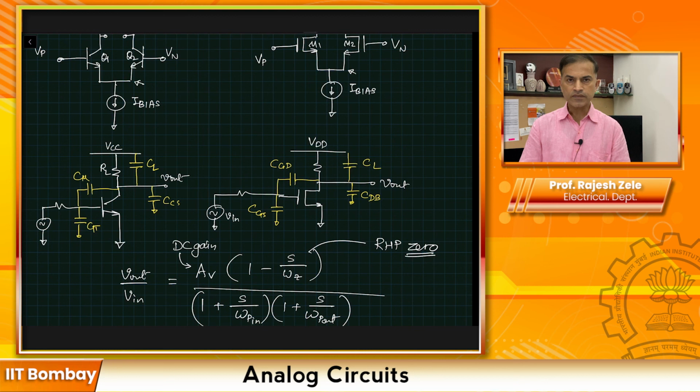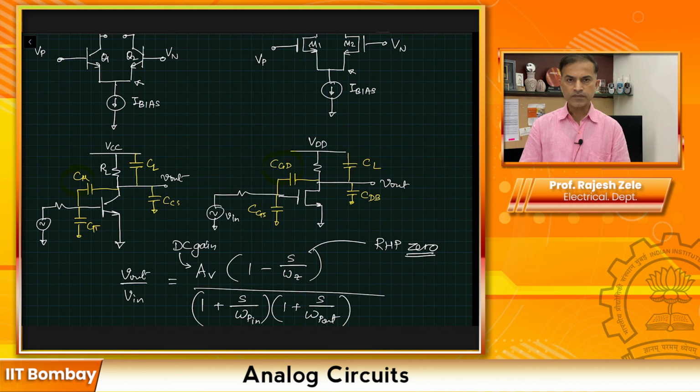One thing to note in this configuration is that C mu or CGD, these two capacitors, are generally small numbers. However, we try to get as much gain out of this stage, and they get multiplied by the gain from input to output.